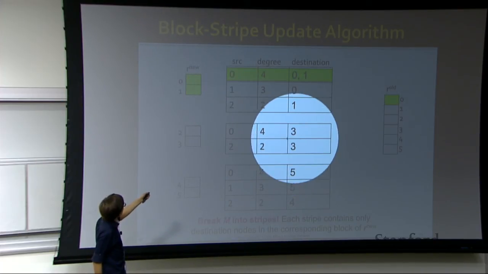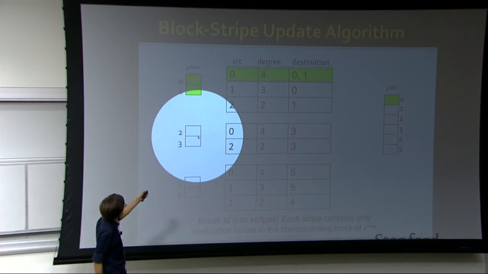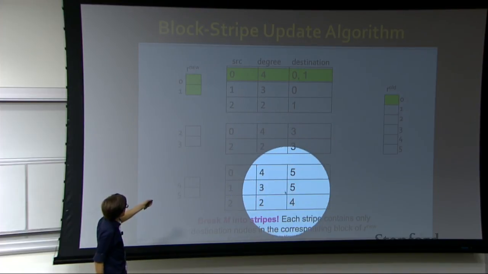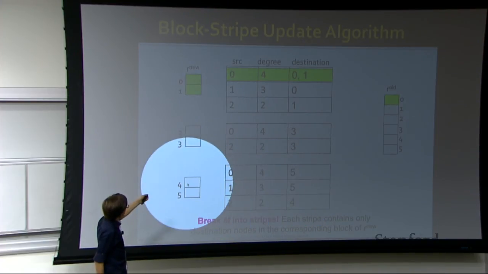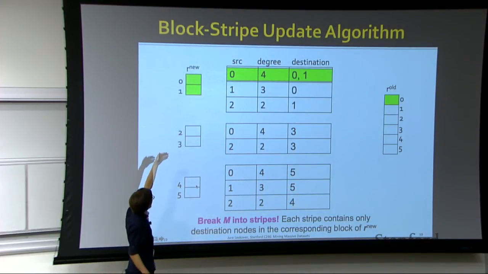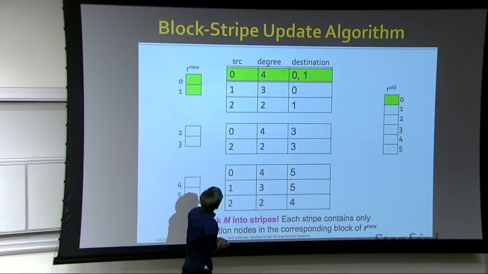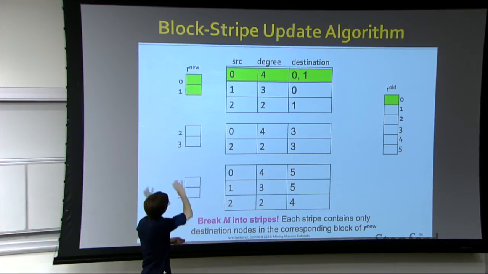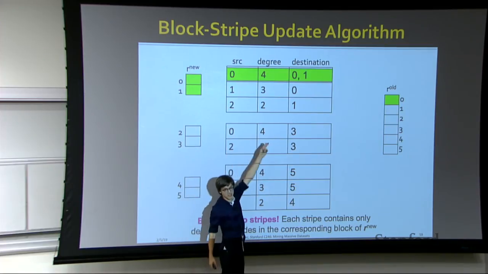And here the destinations are only destinations to nodes in the second block. And here are only destinations to the nodes in the third block, right? So now this means I load the first block of R new, and then I make one pass over the first stripe of matrix M.